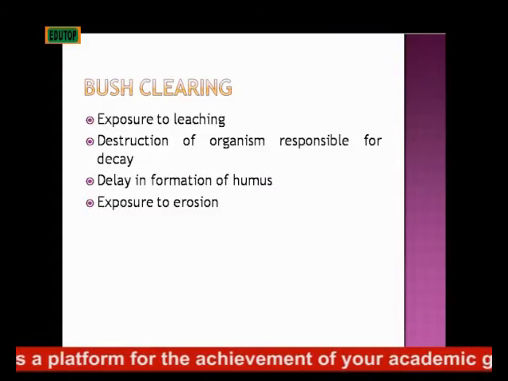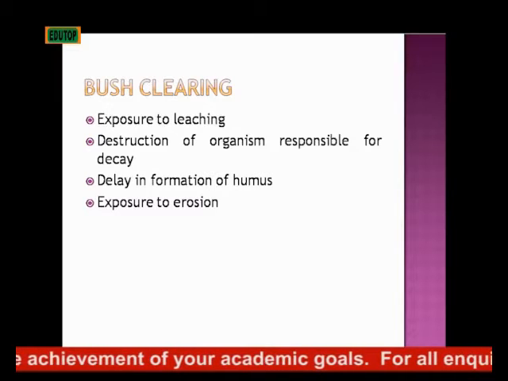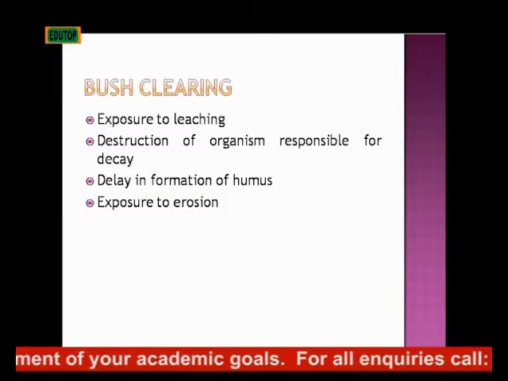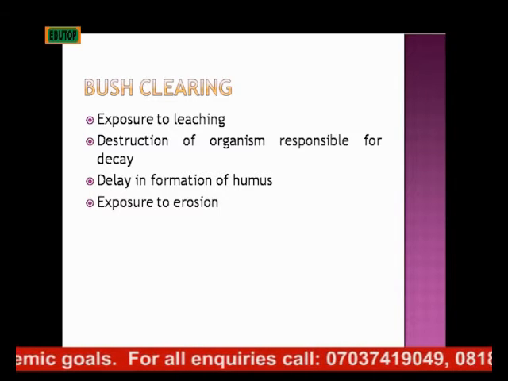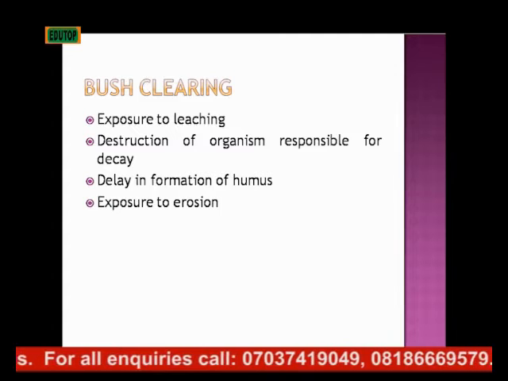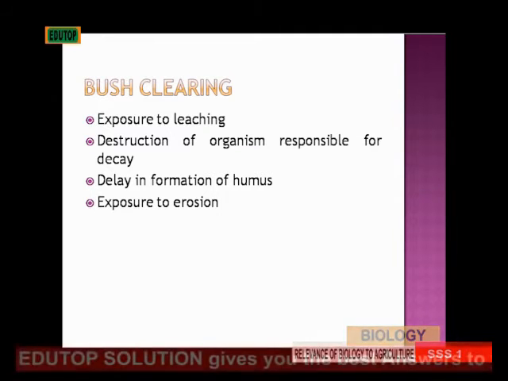One, the bush clearing. Bush clearing, that is when you are done with farming for a particular year, but this place is so bushy, you bring in your tractor or your cutlass or what have you to clear the ground for farming activity, because you can't plant on weeds, so you have to clear it.